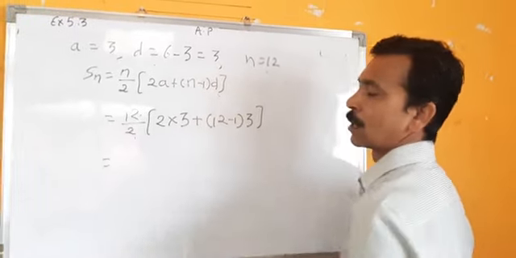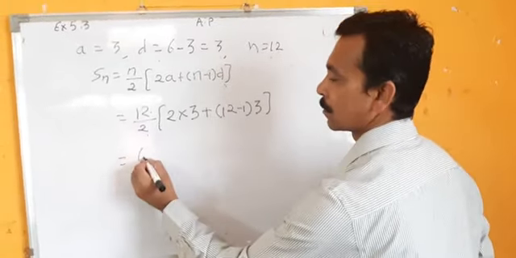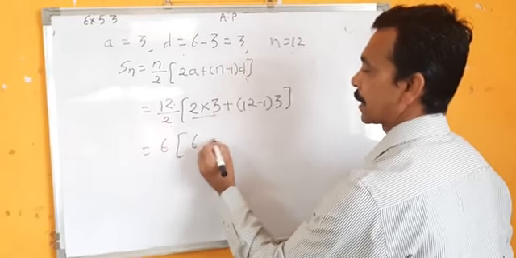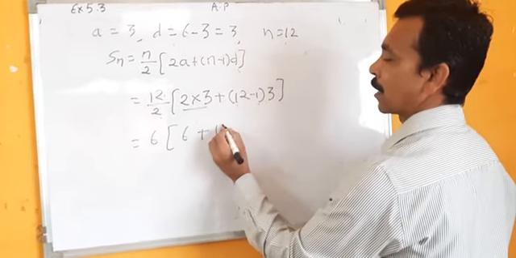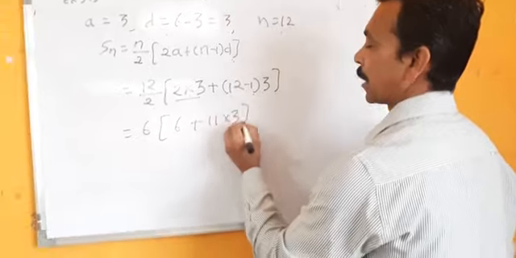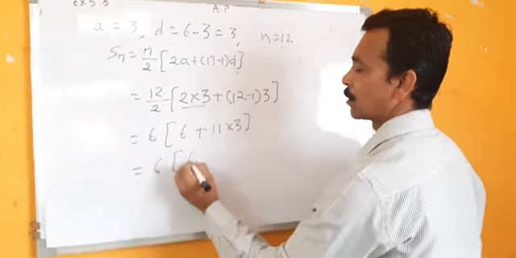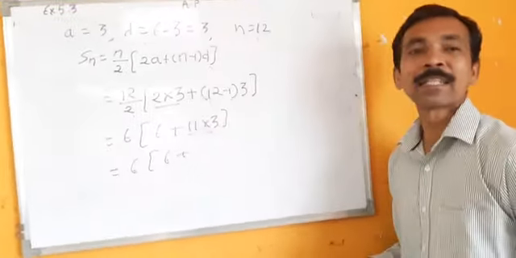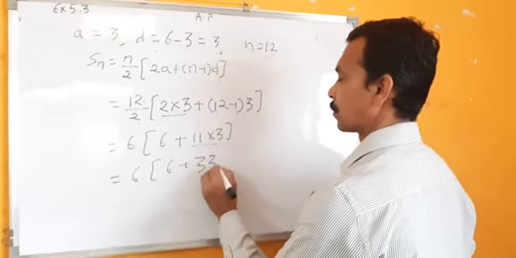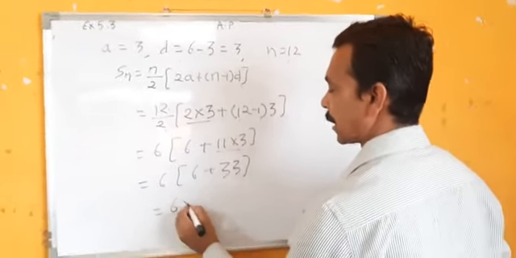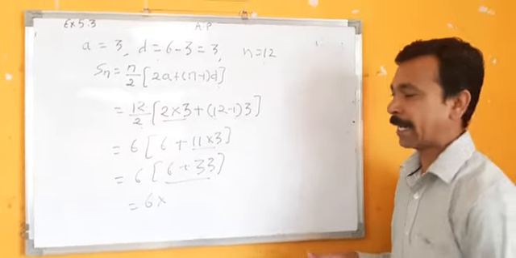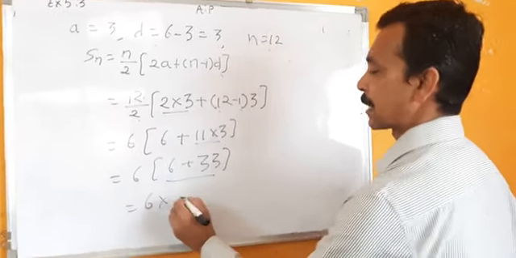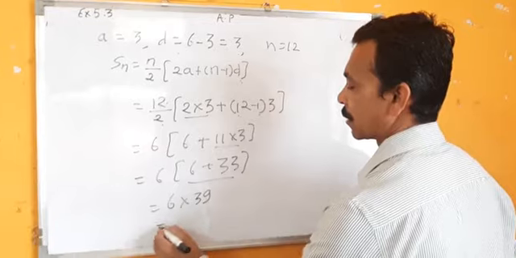It is equal to 12 upon 2, 6 into 6 plus 12 minus 1, which is 11, into 3. So it is 6 into 6 plus 11 threes, which are 33. Adding inside the bracket, 33 plus 6 is 39, right?